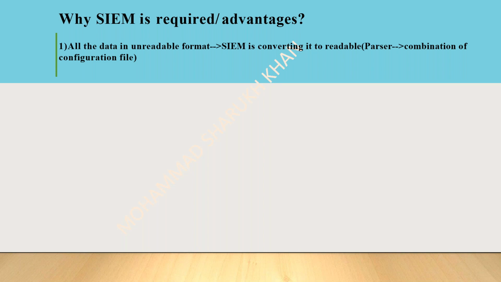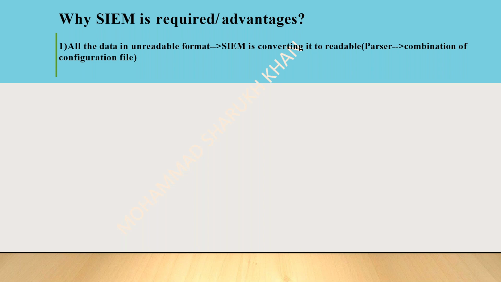Now the first and most important thing is, all the logs are in an unreadable format. What I mean by unreadable format is, a Juniper firewall writes logs in a log file using its own format. A Checkpoint firewall writes logs in a different format. They are different vendors, using their own formats. So being a human, without SIEM, without Splunk, it is not possible for anybody to understand each and every log file.